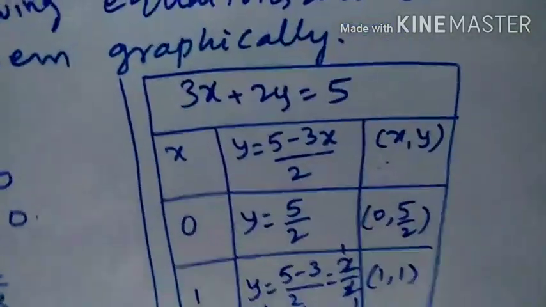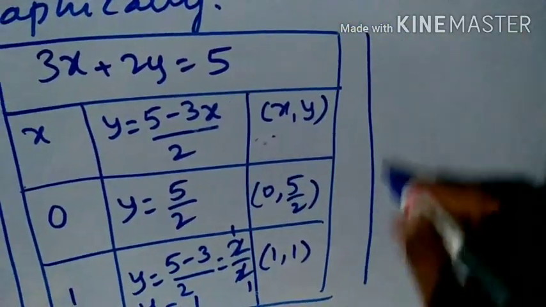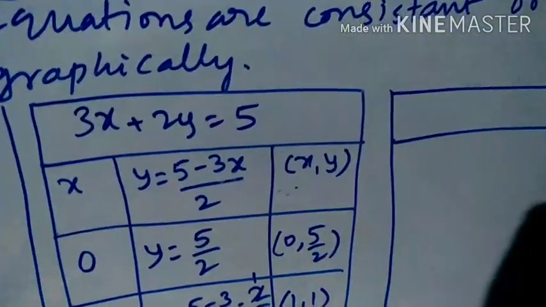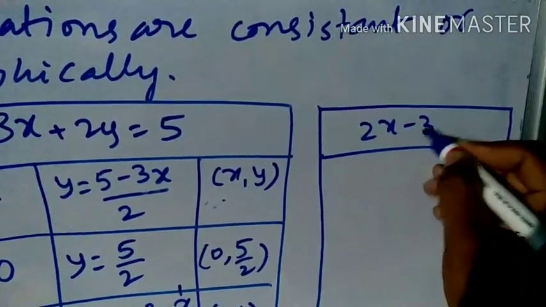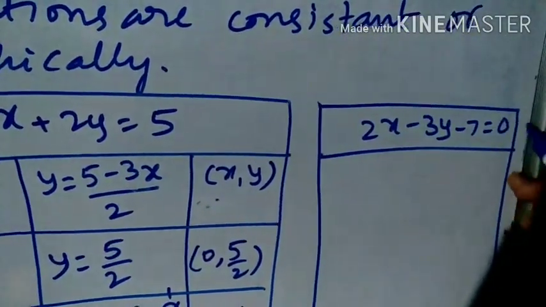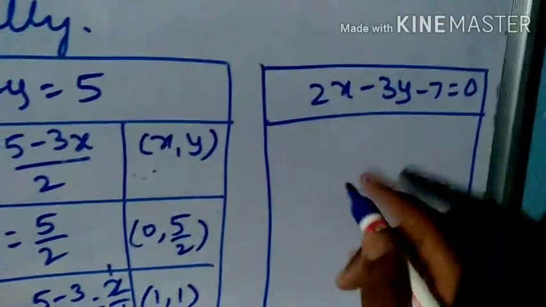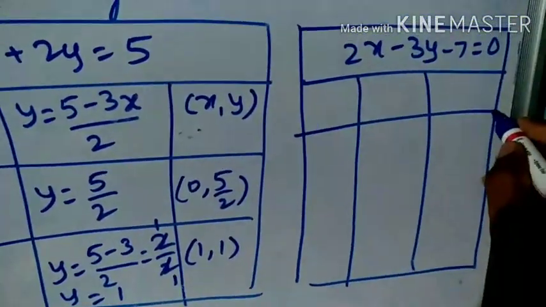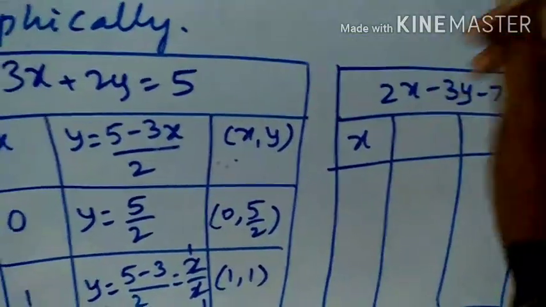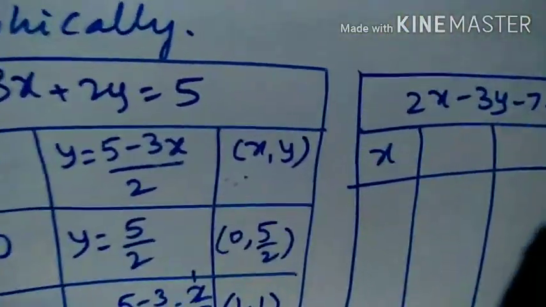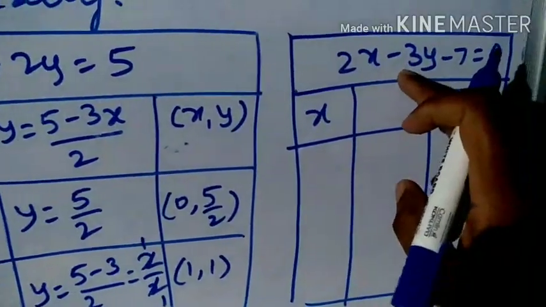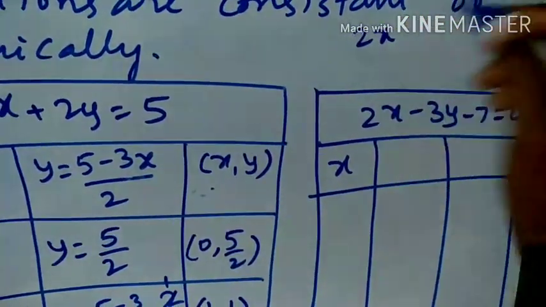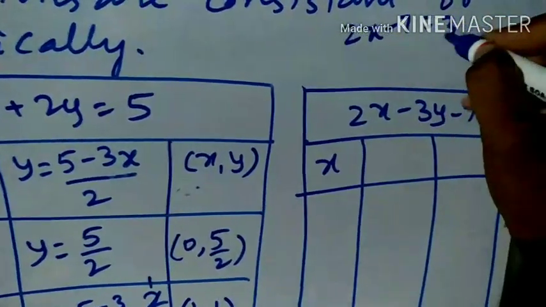Next for another table, for 2x minus 3y minus 7 is equal to 0, we are writing the y value. How we are writing it: transpose y to RHS here. 2x minus 7 is equal to 3y.